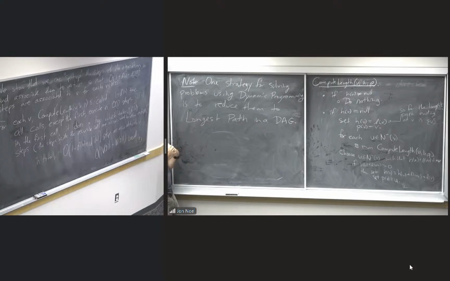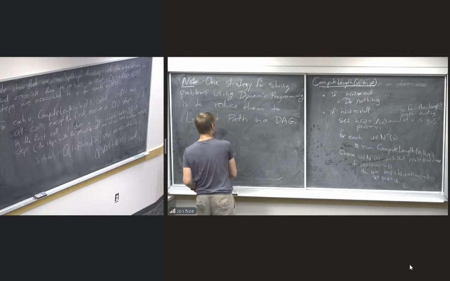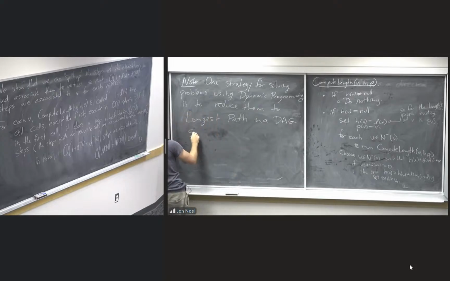So if you can break your problem down into basically this, then you're good. Now, this isn't always the best way to do it. Sometimes you can reduce it to this problem, but there might have been a better way of doing it. So maybe let's see an example of that. Sometimes this is the best way to do it, and sometimes there's a better way.